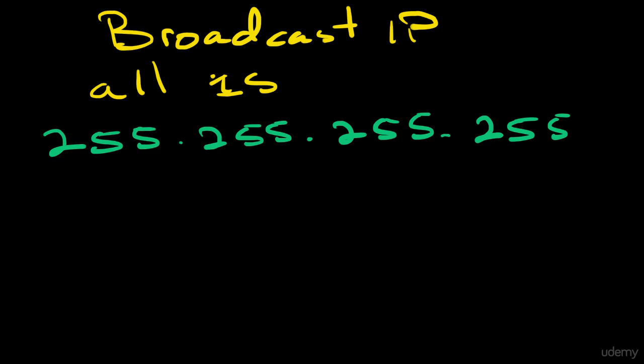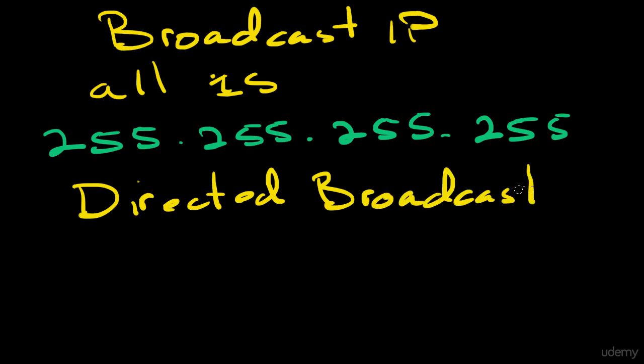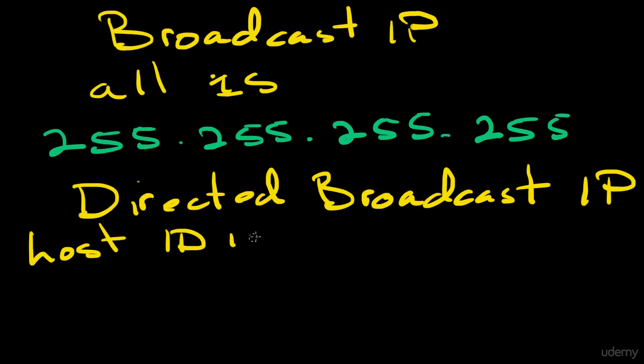Now, there's another type of broadcast IP address called the directed broadcast IP. And the directed broadcast IP is the IP address where the host ID is all ones.